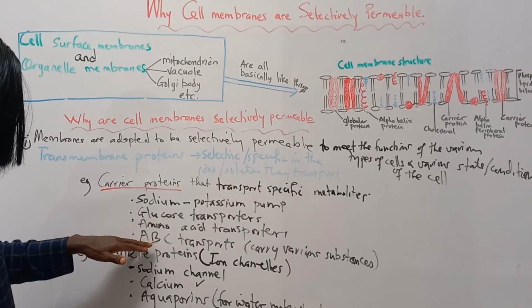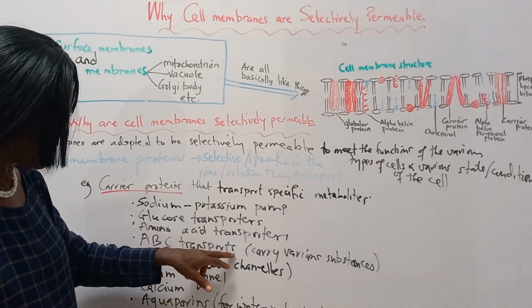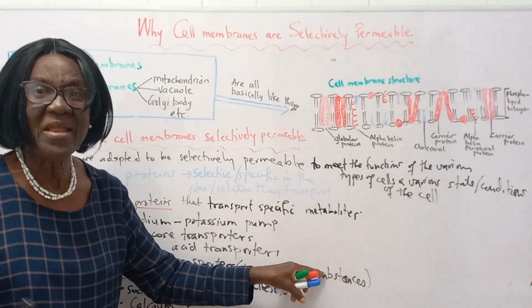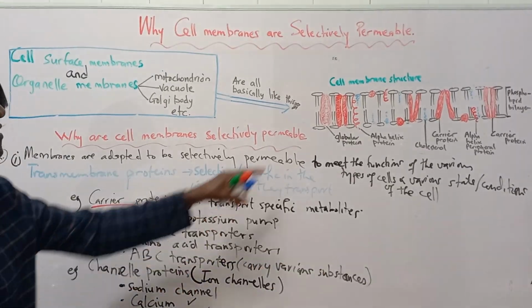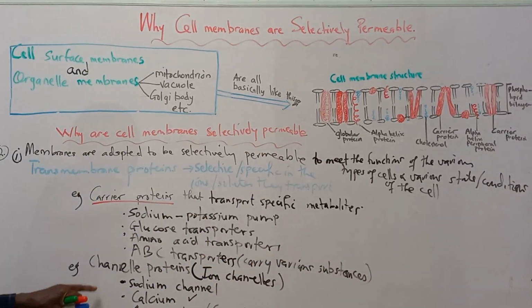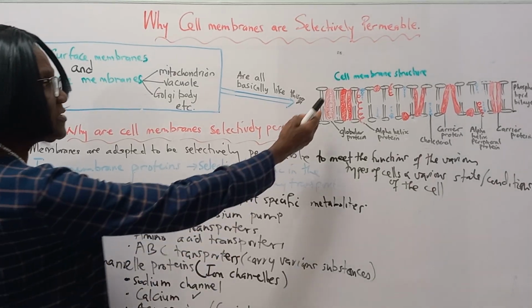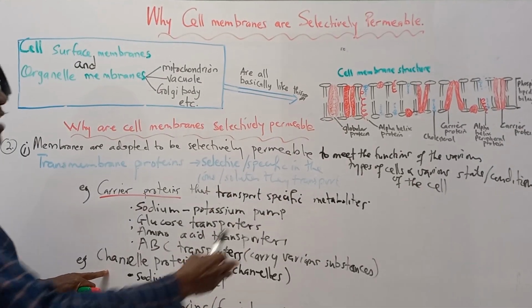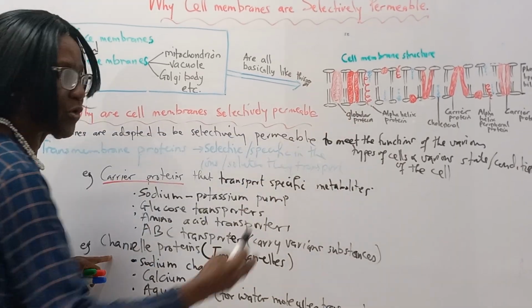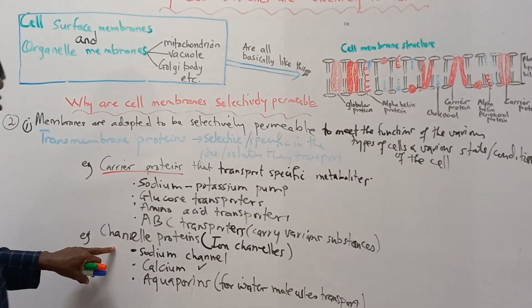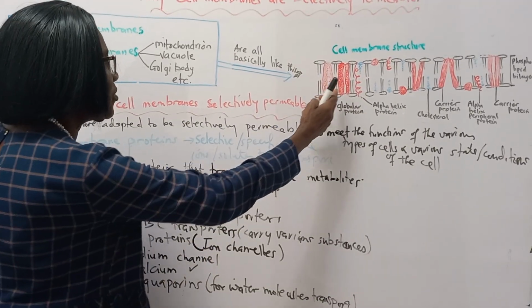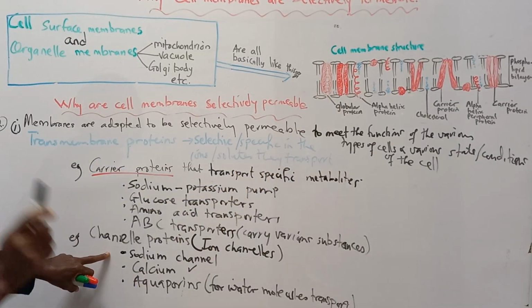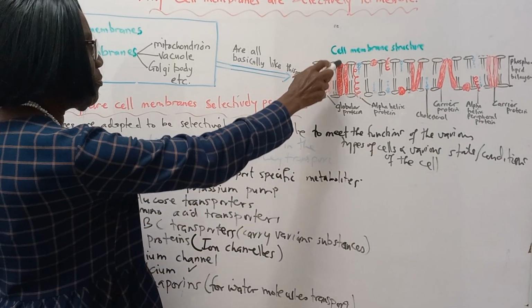We have what we call ABC transporters that carry many different substances across membranes. And then we also have channel proteins. This is a channel protein that also allows substances to go across, but selectively, because you can have a channel protein that will only allow sodium ions to pass through.